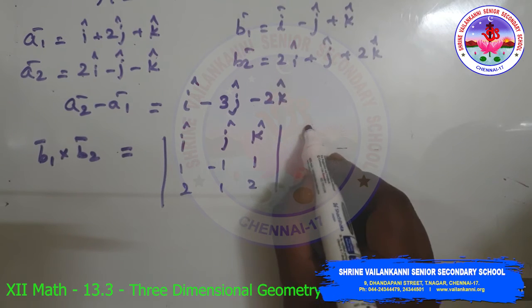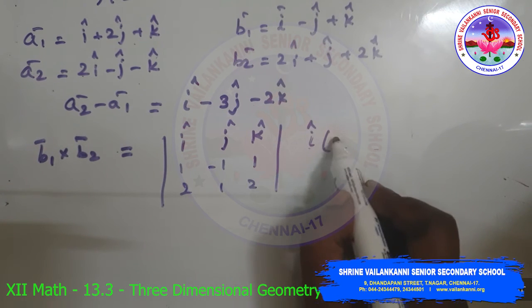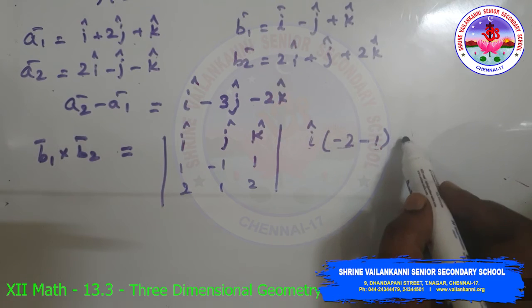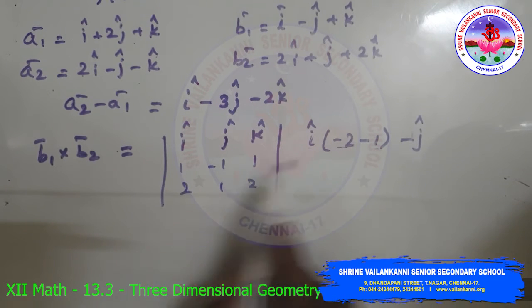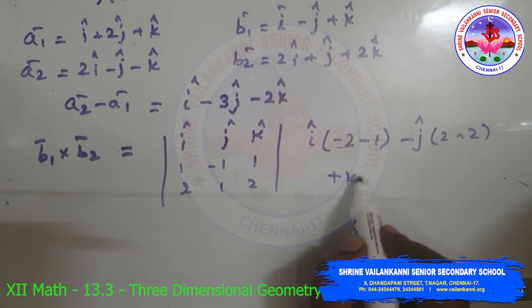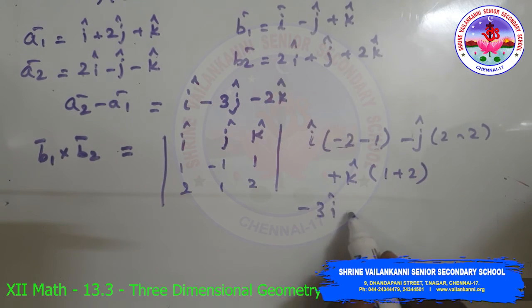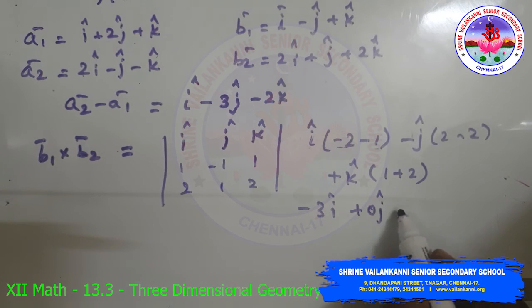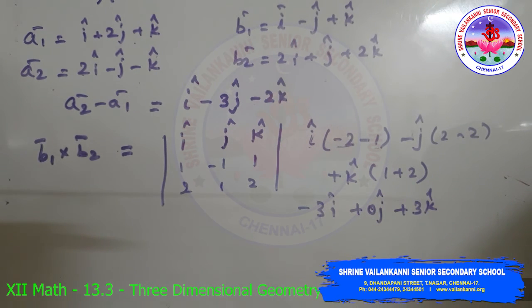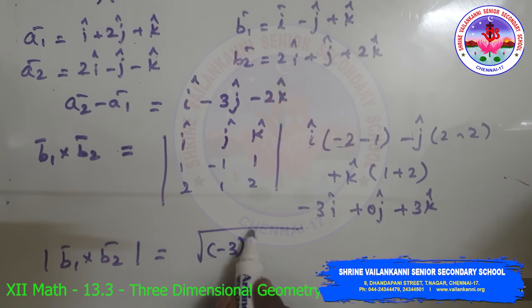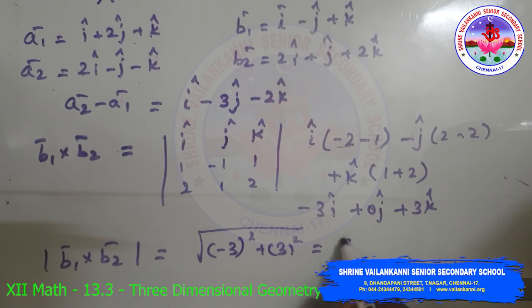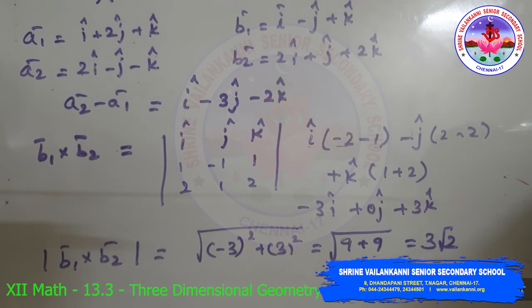Expanding along the first row: i into (−2 − 1), minus j into (2 − 2), plus k into (1 + 2), which gives −3i + 0j + 3k. To find the magnitude of b1 × b2: square root of (−3)² + 3², so 9 + 9, 18, which is 3√2.